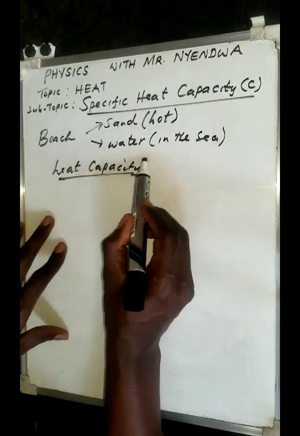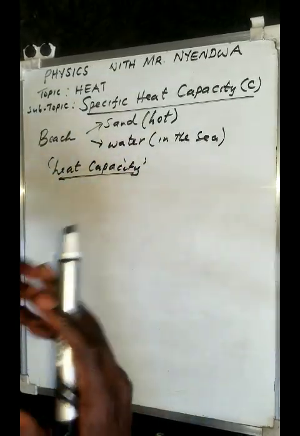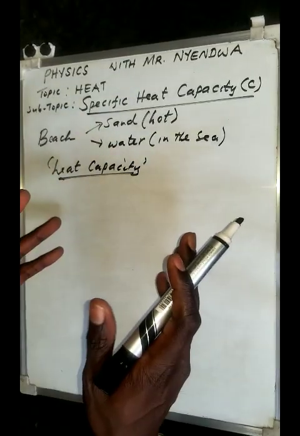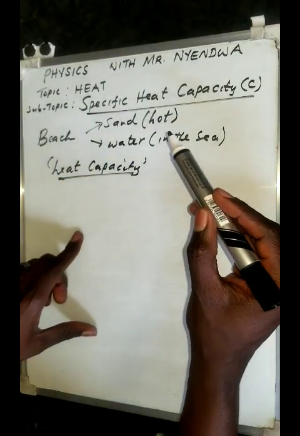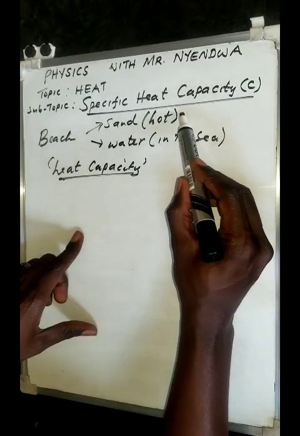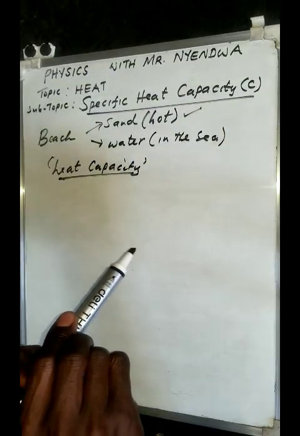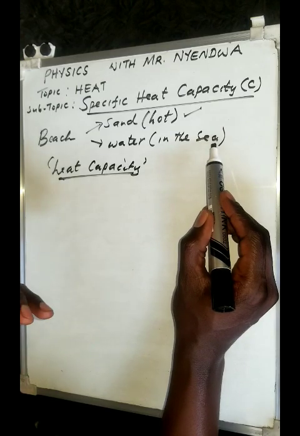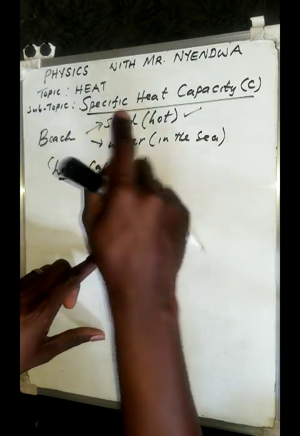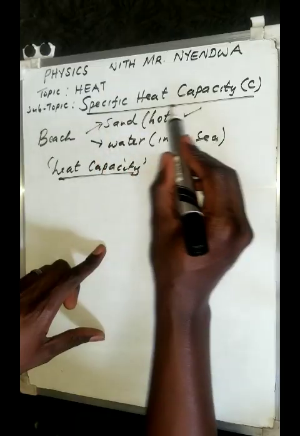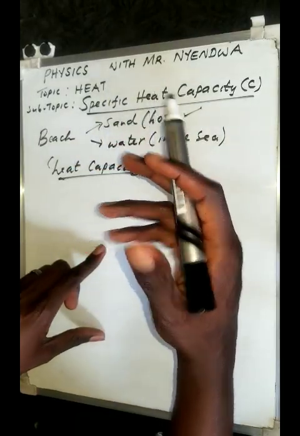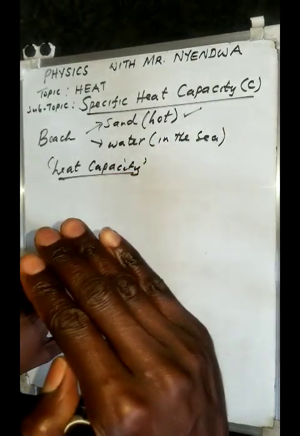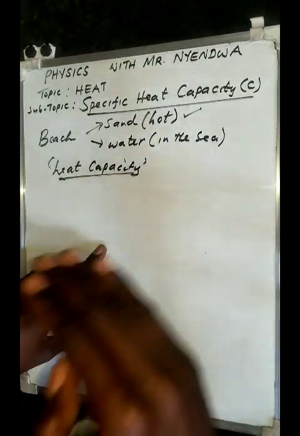One thing that you need to remember is that different objects have different heat capacity. In this case, sand has a low heat capacity, while water in the sea has a high heat capacity. So because sand has a low heat capacity, no wonder it quickly gets hot. But water in the sea has a high heat capacity, and hence it gets hot very slowly.